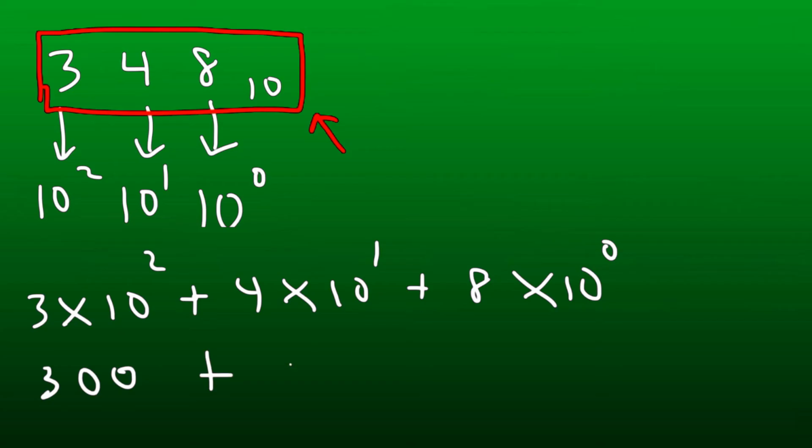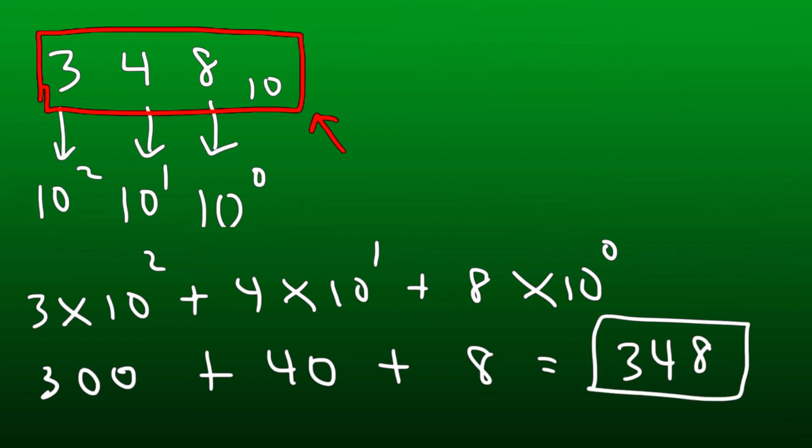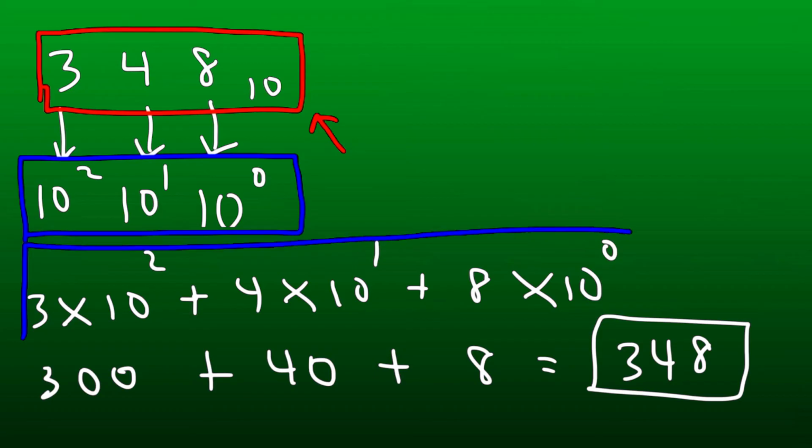And here we have 4 times 10, which is 40. 10 to the 0 is 1, so 8 times 1 is 8. So 300 plus 40 plus 8 is 348. And so this process, this multiplication by the powers, this is a base 10 system, so we multiply it by powers of 10. We can also use it for the decimal system, or any number system for that matter.